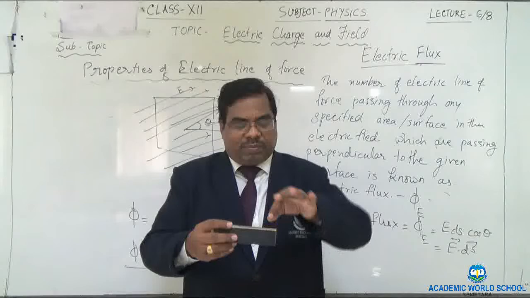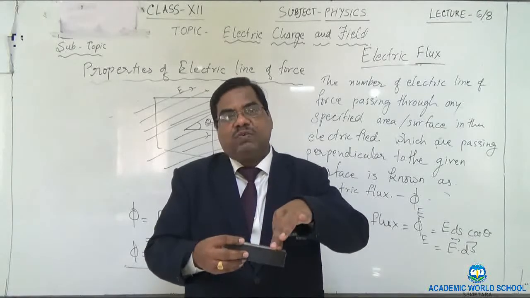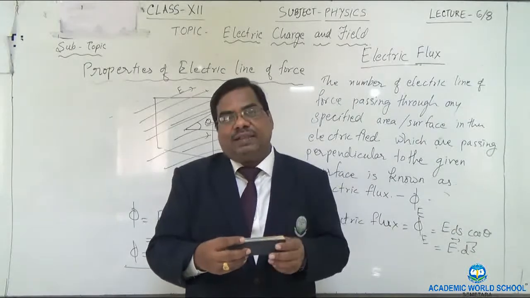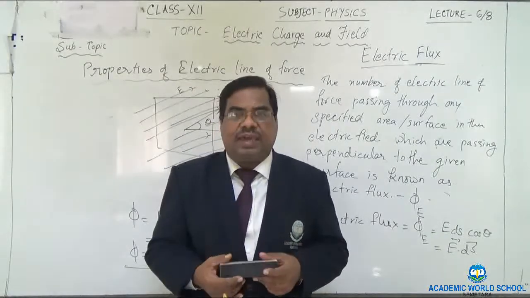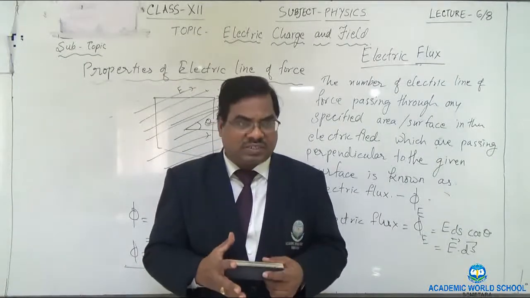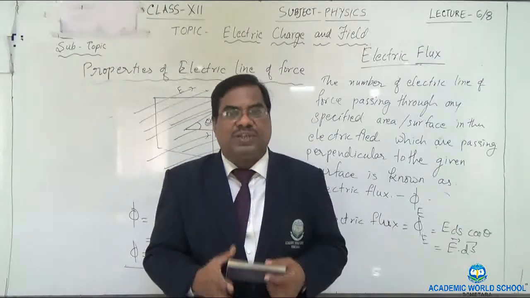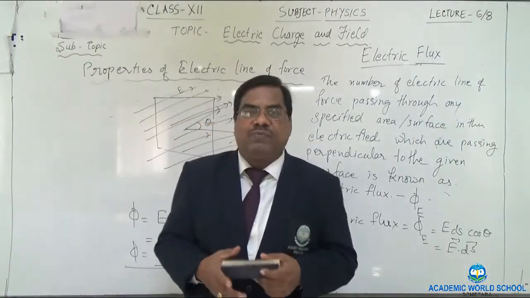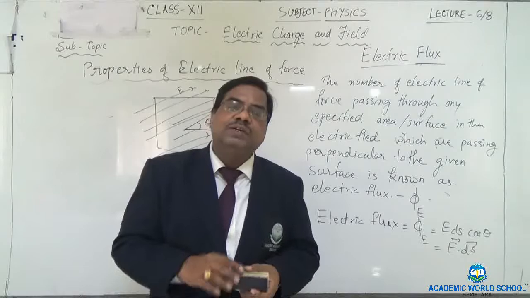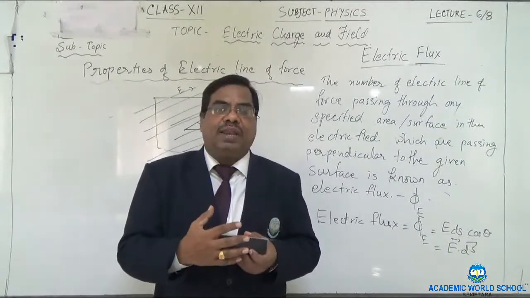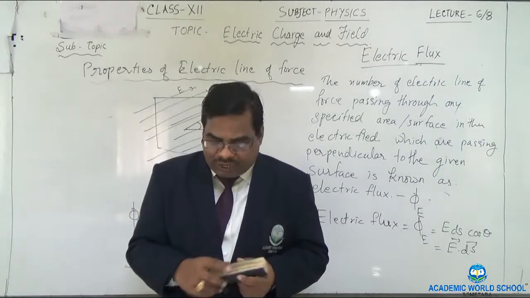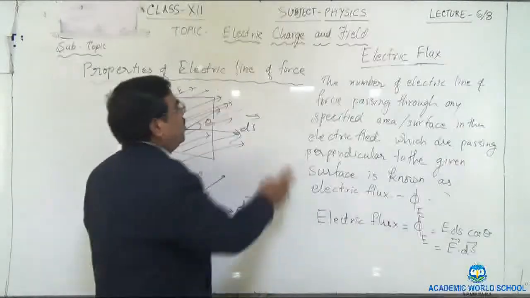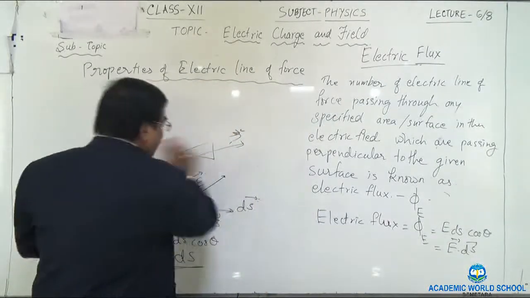If I can measure the number of lines from any surface, then by integrating it over the whole surface, I can find out the total flux. What is meant by total flux? Total flux means all the electric field lines that are coming out from that charge. So for that I have to integrate.